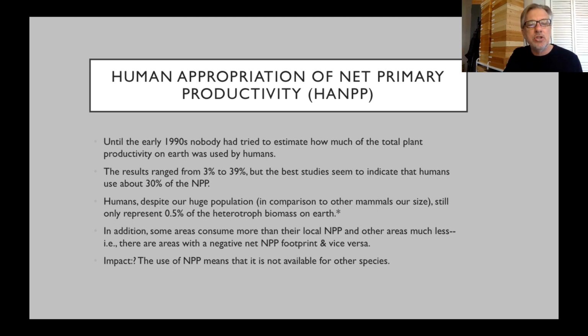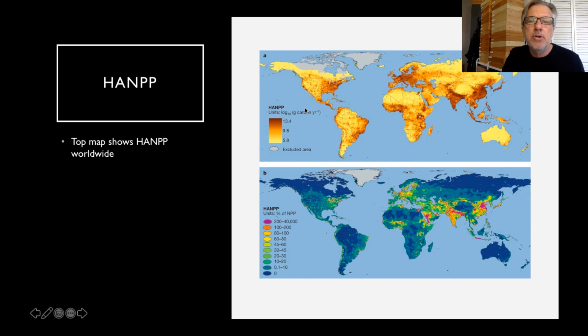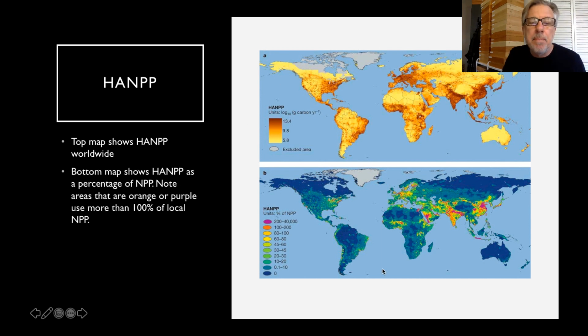Now, if we look at maps of human appropriation of net primary productivity, here's what we see. In the top map, we see HANPP just as a measure of grams of carbon per year in these areas. So it's been mapped out using a geographical information system. The bottom map is probably more informative because in areas that are orange or purple, these are areas where people are using more than 100% of the local net primary productivity.